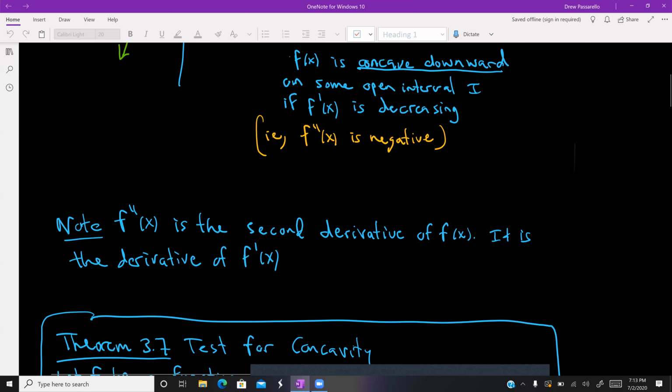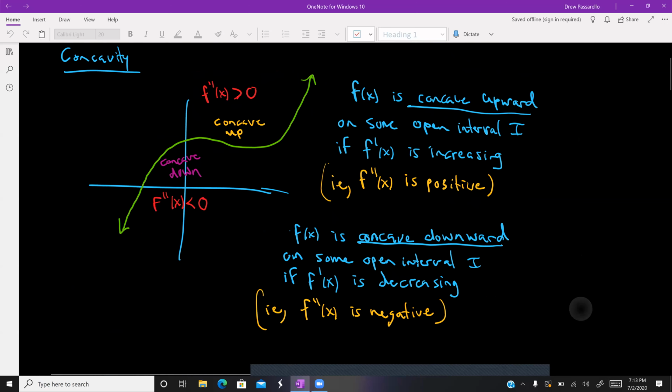All right, so that's some terminology of concave up and concave down and its relation to the second derivative. Essentially, the graph is concave downward if its second derivative is negative, and concave upward if its second derivative is positive.